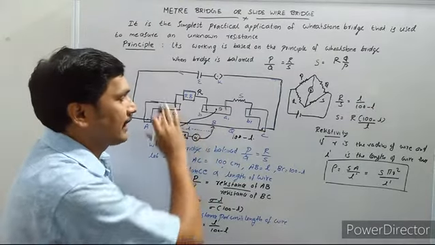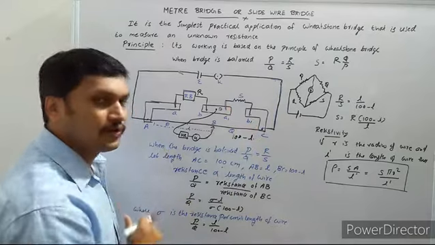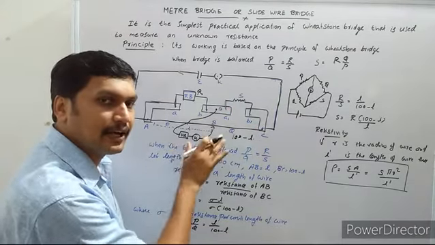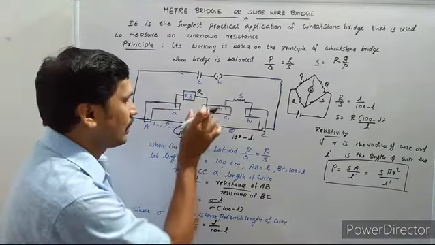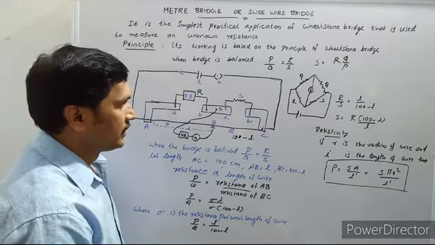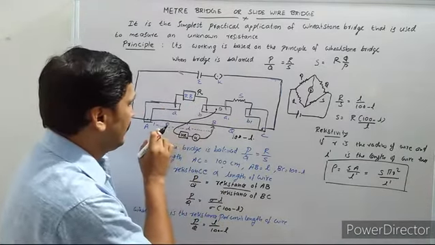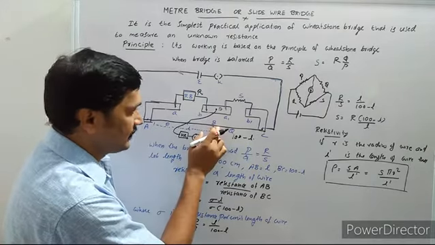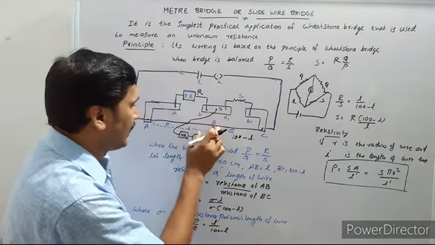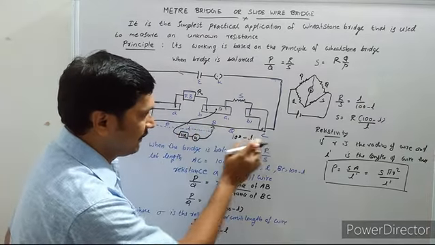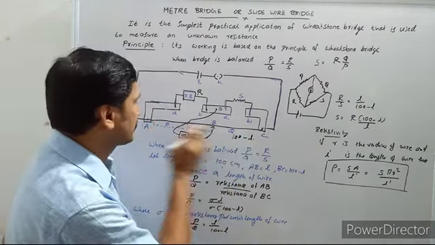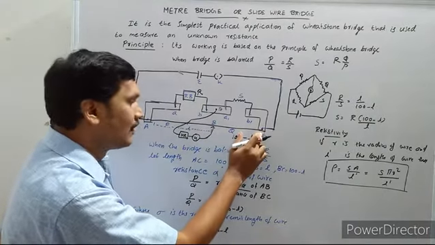We said it's a practical application of the Wheatstone bridge. Now compare this device to our Wheatstone bridge. Here we have a wire AB having a length L and a wire BC having a length 100 minus L, because the total length of AC is 100.